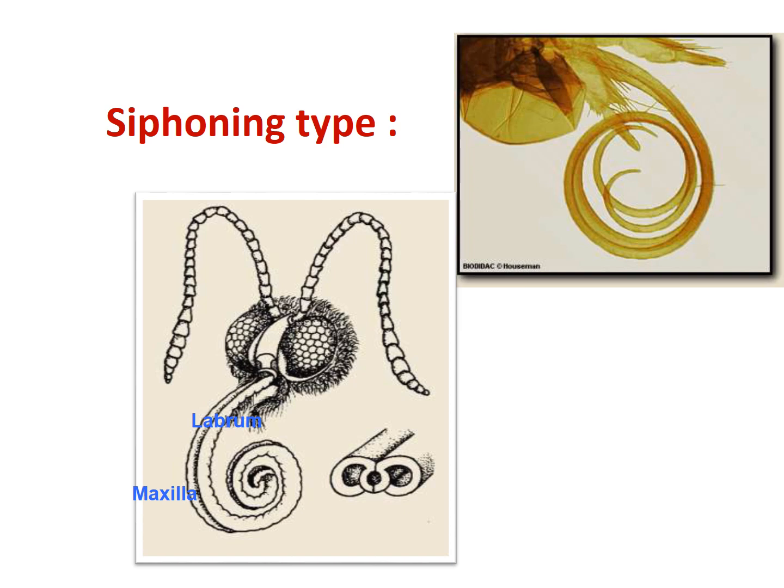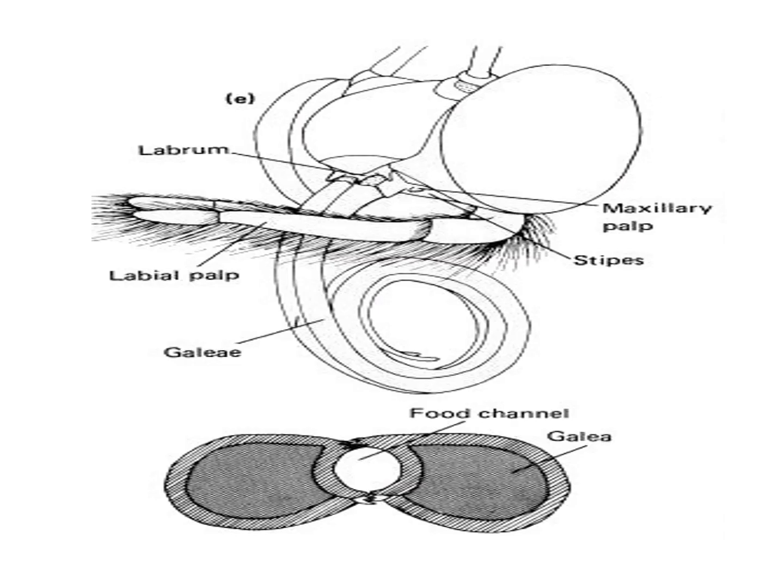This is the photograph of the siphoning type of mouthparts in moths and butterflies. We can see the labrum and also the maxilla, where the gallia are opposing together to form a siphoning tube. Again, here also we can see the picture, how the interlocking of two gallia and food canal in between.